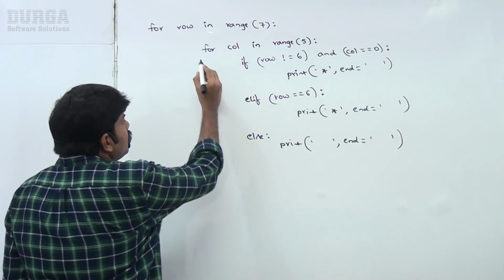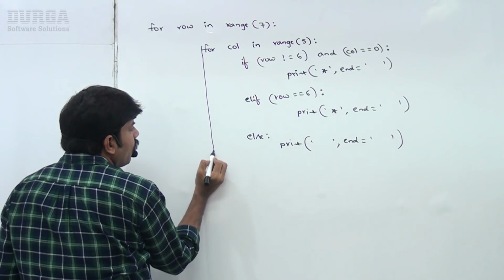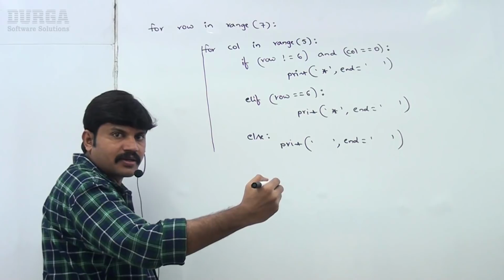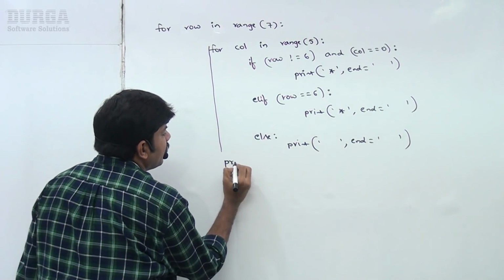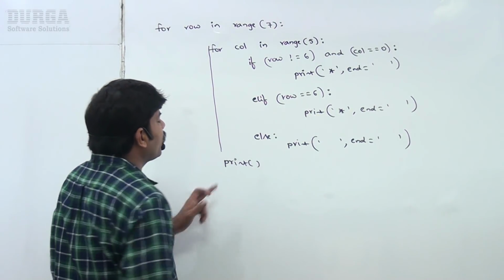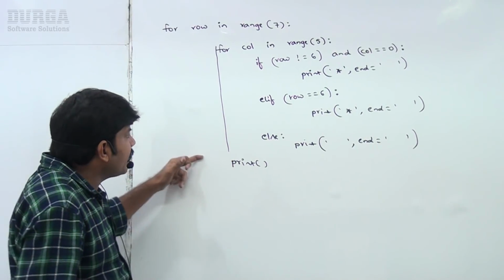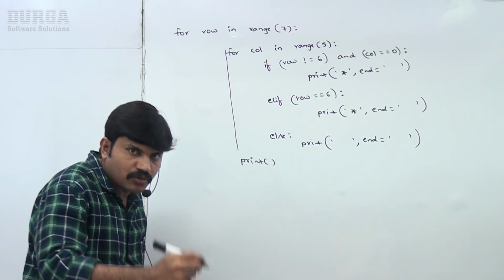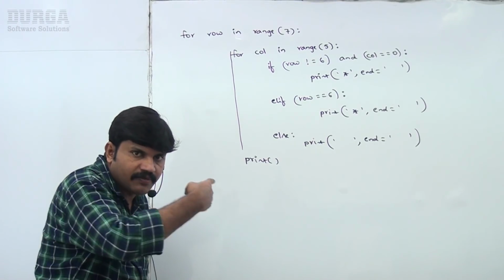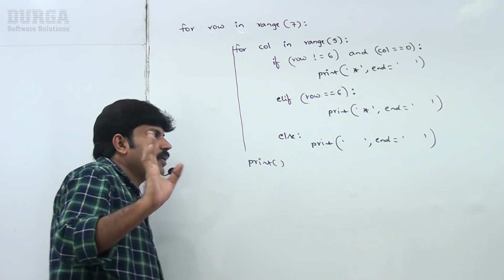After completing a row, the next row should start in the next line. That's why we compulsorily have to take a print, so that the next row starts in the next line. Everyone able to understand? Now have a look once.